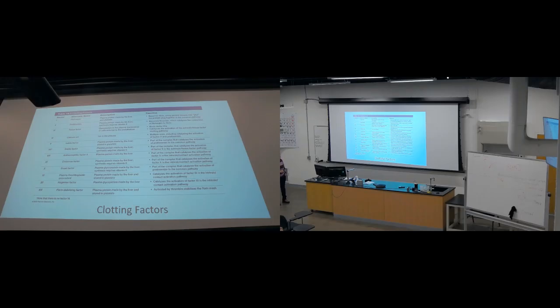And then here we have factor 10, Stuart-Prower factor, factor 9, Christmas. It's because of the last name of the person who discovered it. So we have all of these factors, their names. You don't need to know any of these, but people are aware of all of these, of course, more when they have a problem in the family. They might know someone who has hemophilia, a person has an injury, bleeds really easily, and all that.